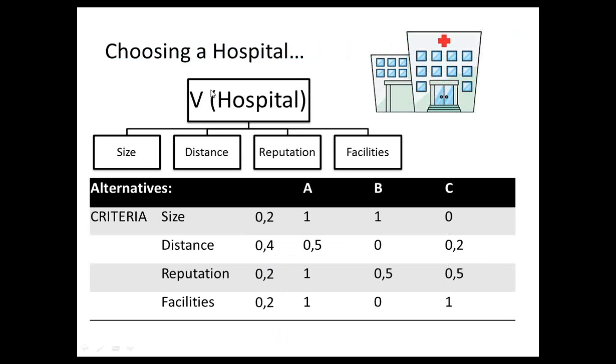Now, if we go back to the choosing a hospital example, we have seen that the value of our hospital is determined by the 4 criteria: size, distance, reputation, and the facilities available.